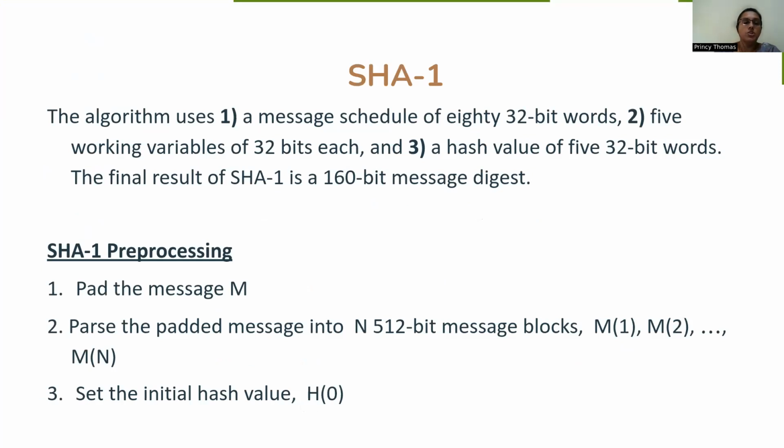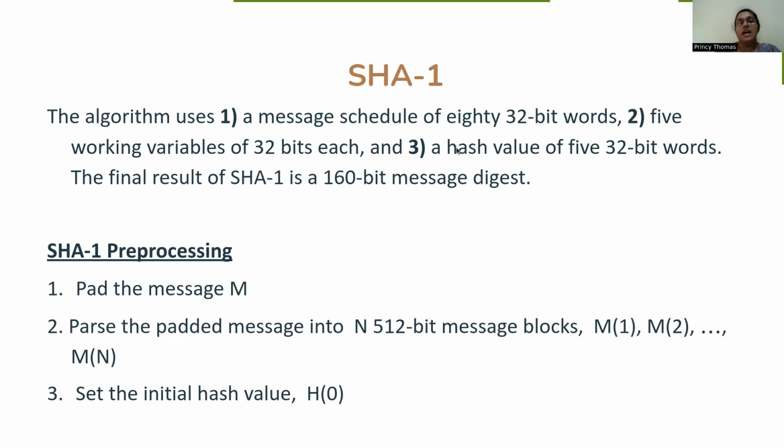Okay, now we are going to look at the actual algorithm and how it works. SHA-1. The first step in SHA-1 is that a message schedule of 80 32-bit words is there as input. 5 working variables or initial hash values, 32-bit, are there.